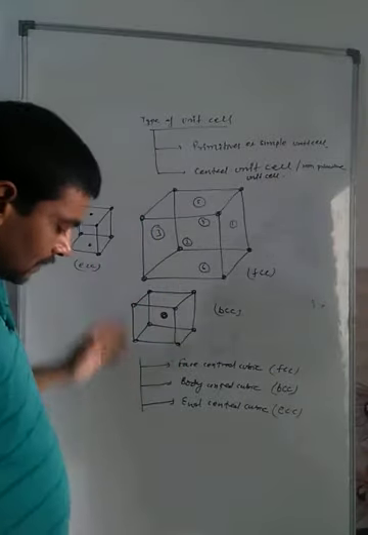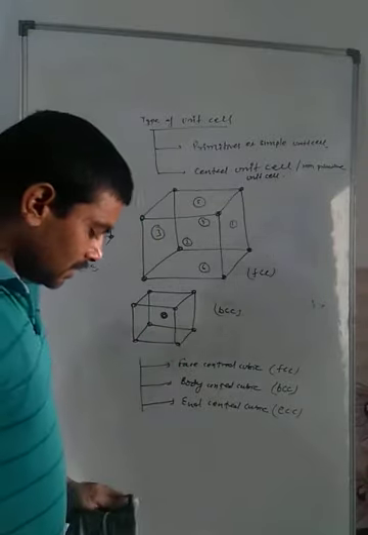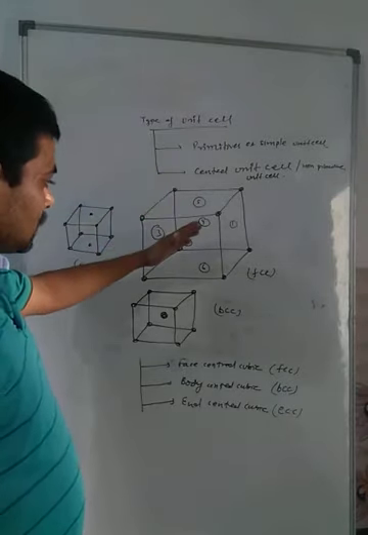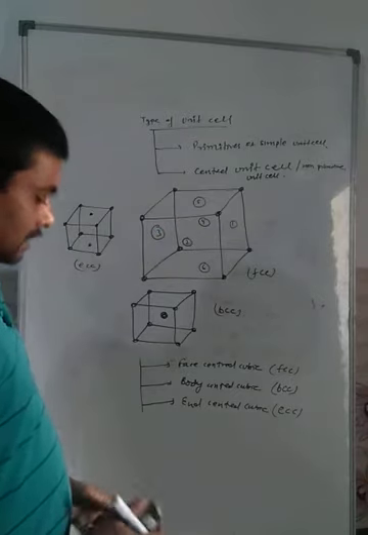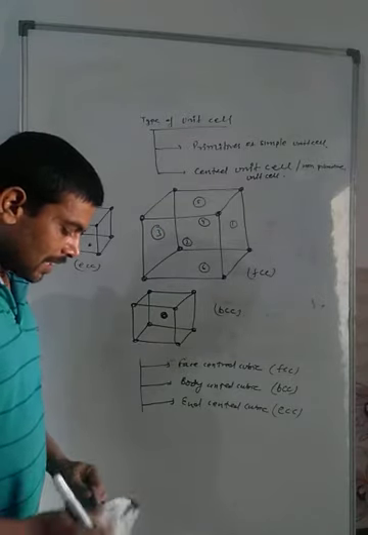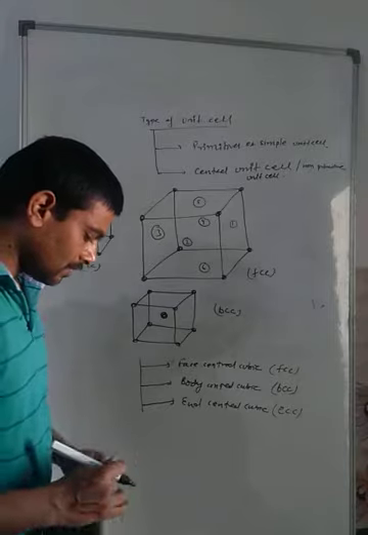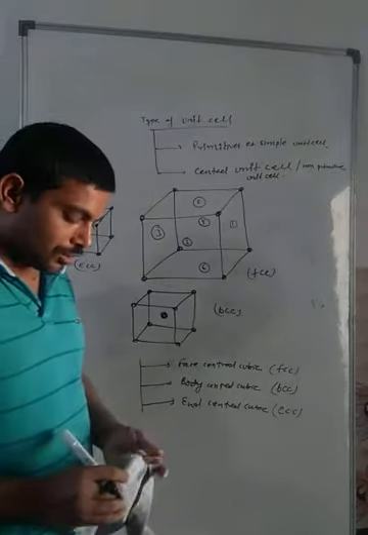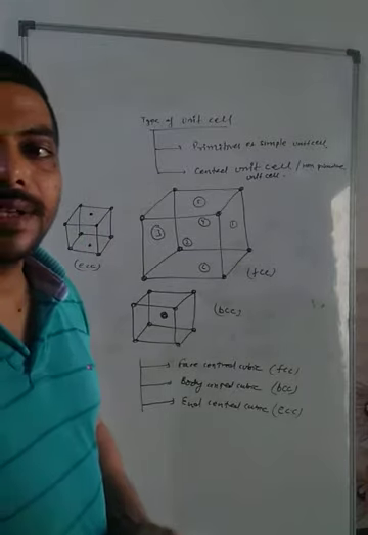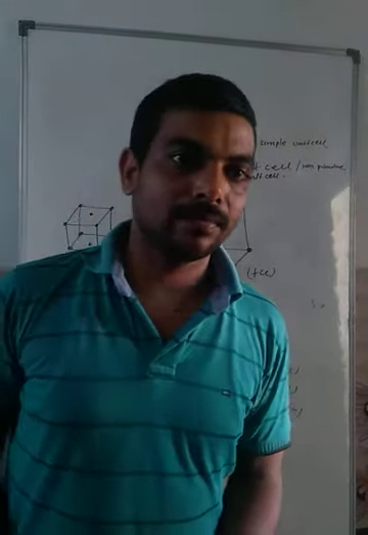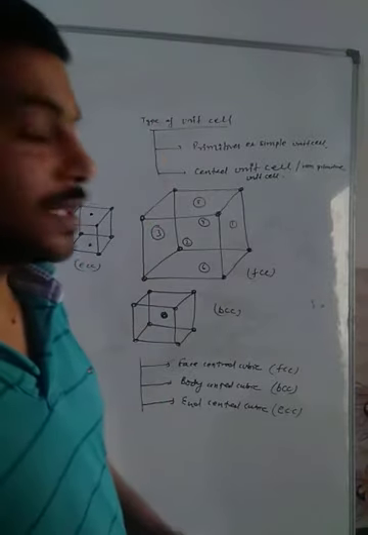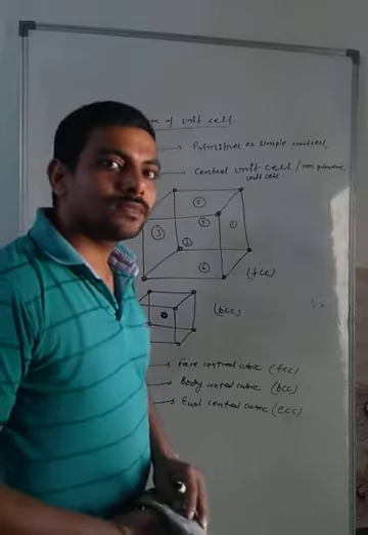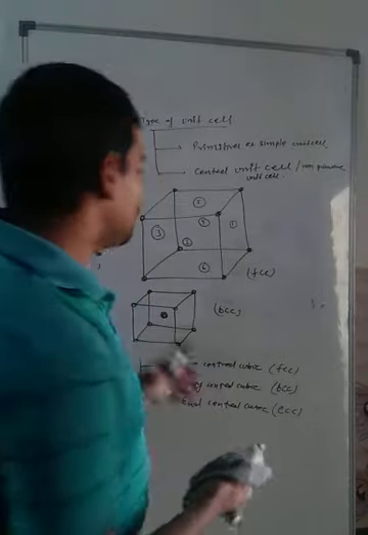Now, after studying these primitive, body centered, face centered, and end centered cells, we come to a conclusion: all the crystals in the universe are classified into 7 crystal systems. They are classified on the basis of the Bravais lattice. There are 14 Bravais lattices present in the universe.